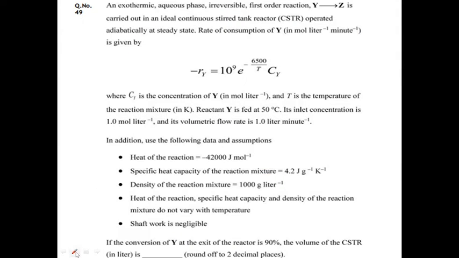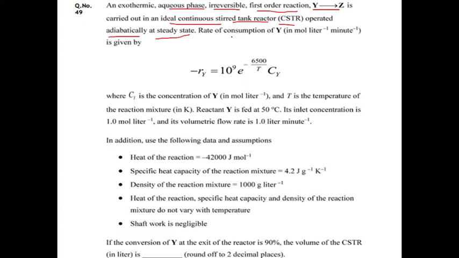Question number 49. An exothermic aqueous phase irreversible first order reaction Y gives Z is carried out in an ideal continuous stirred tank reactor, that is CSTR, operated adiabatically at steady state. So that is adiabatic CSTR.